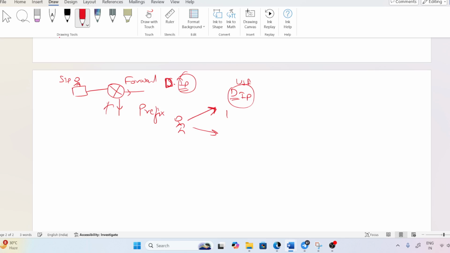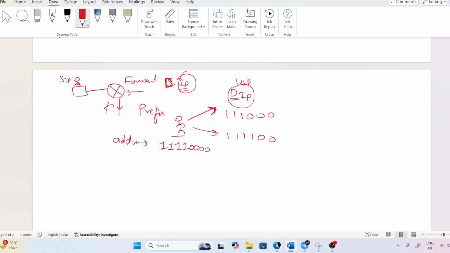Let's suppose it is having 1, 1, 1, 0, 0 here and here we are having 1, 1, 1, 1, 0. Now you want to go to an address, and let's suppose the address is 1, 1, 1, 1, 0, 0, 0, 0.